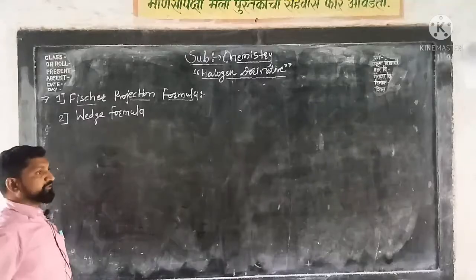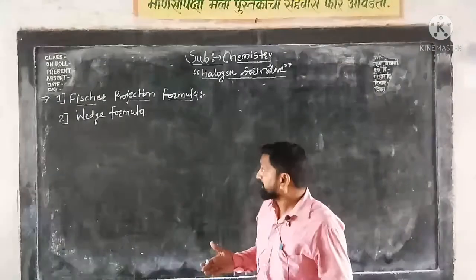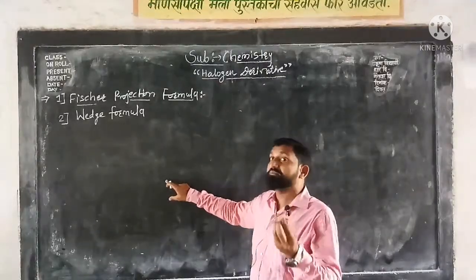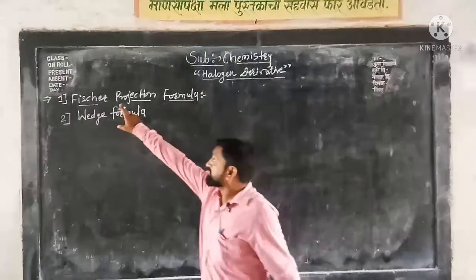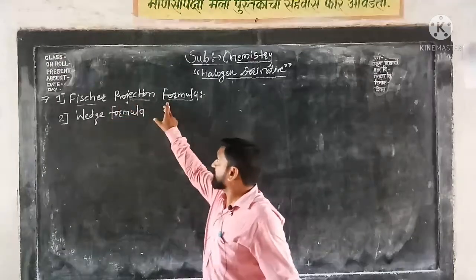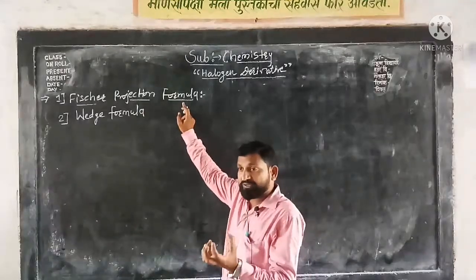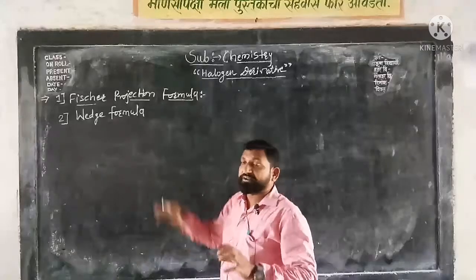You should be able to express the formula on the plane of the paper via a 3-dimensional view. So what is the main aim of the Fisher projection formula? The main aim is to view the 3-dimensional pattern of the molecule on a plane of the paper.